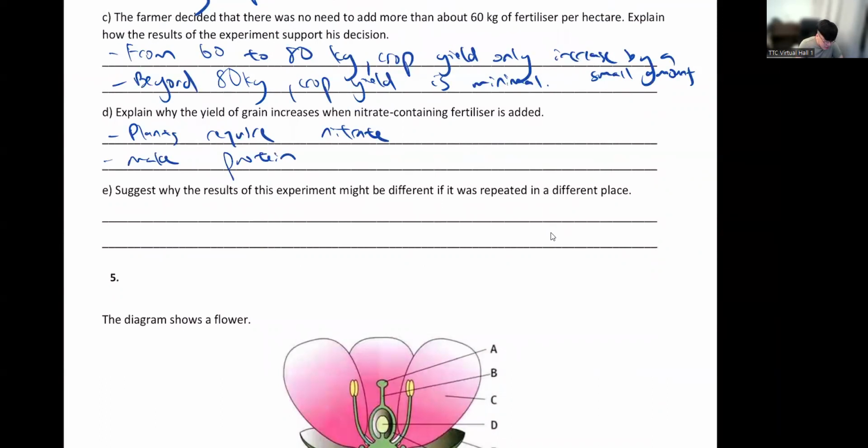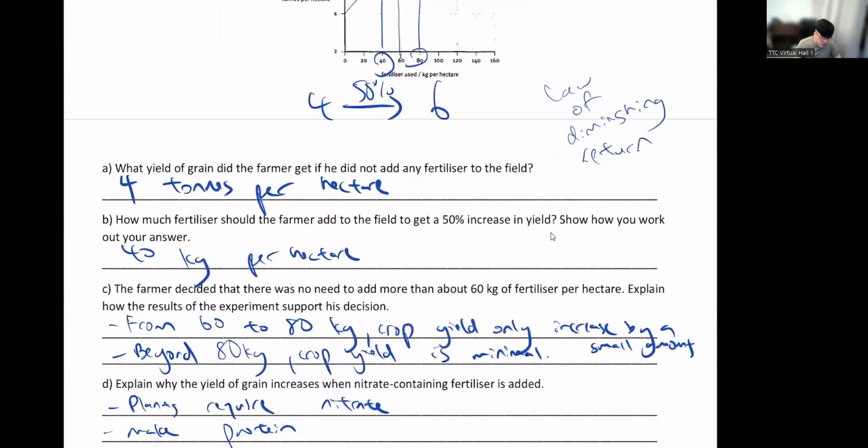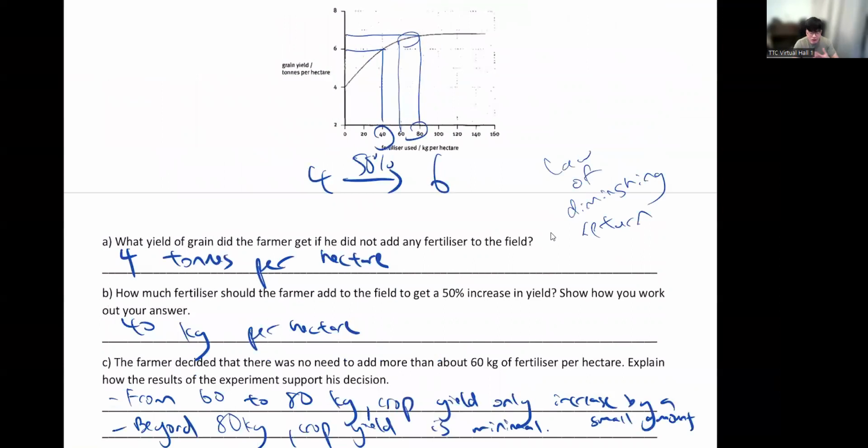All right, so E suggests why the result of this experiment might be different if it's repeated in a different place. Right, so if I do this in a different place, I don't get this graph anymore. Maybe I'll get a lower graph or a higher graph. Why? Because I have other factors affecting it. Maybe in other places there's not as much water, or maybe the climate is not as warm, or it's warmer.